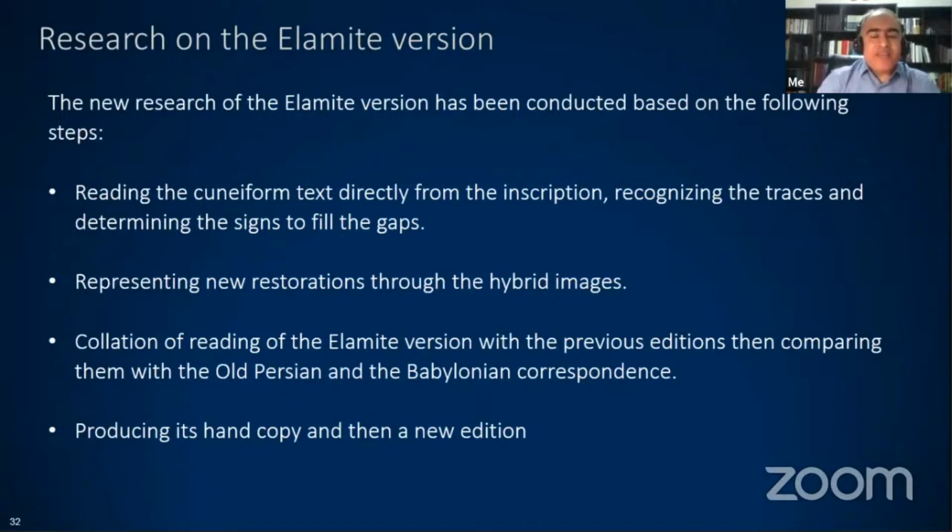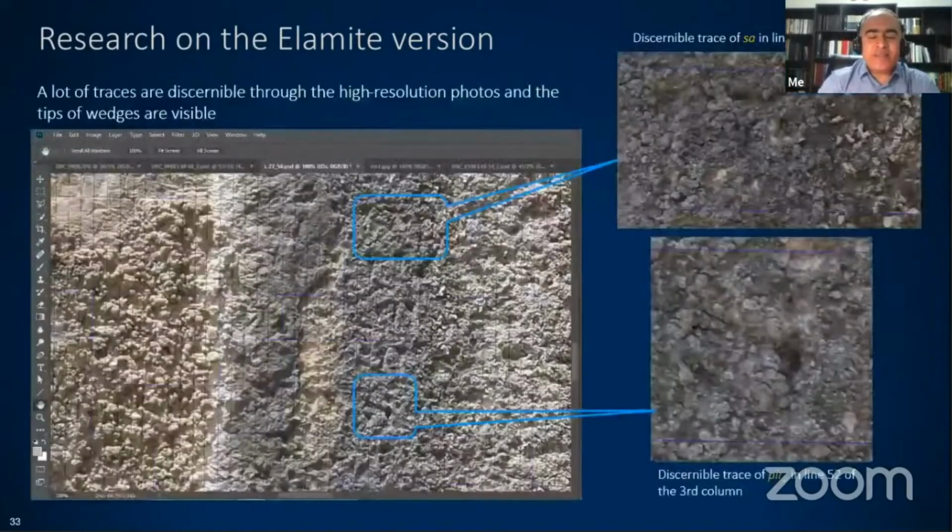Obviously, many earlier readings should be corrected. Apparently, in the previous examinations, errors in reading the cuneiform text caused some misunderstanding. Fortunately, a lot of traces are discernible through the high-resolution photos, and the tips of wedges are visible.